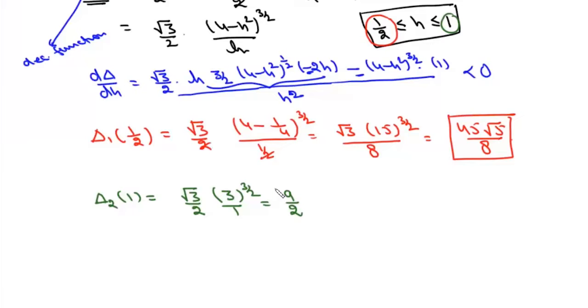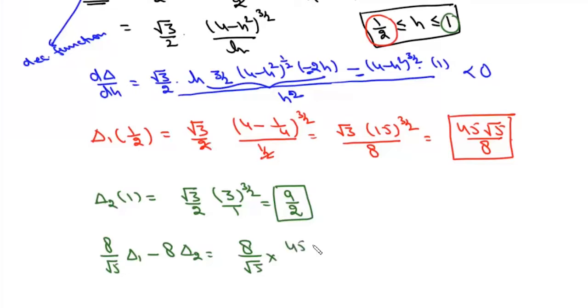Now once we have the value of delta 1 and delta 2, we are supposed to find the value of 8 by root 5 delta 1 minus 8 delta 2. Now this is 8 by root 5 and delta 1 is 45 root 5 by 8, and minus 8 into 9 by 2. Now here 8 will cancel, root 5 will cancel, and here it will be this 4, so it will be 45 minus 36, which is 9.